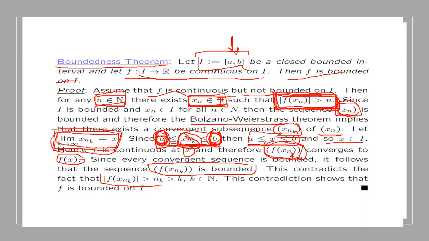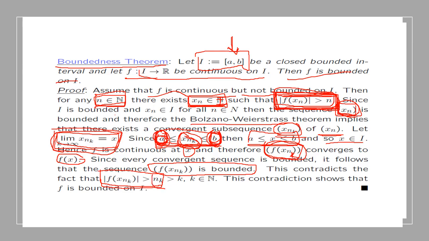Since xnk is a subsequence of xn and xn satisfies this condition, then xnk must also satisfy that condition. That is, the magnitude of f of xnk must be bigger than nk.